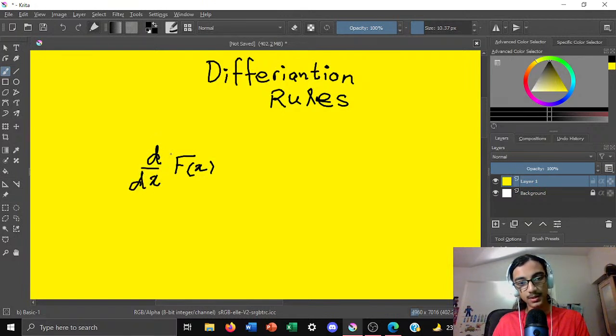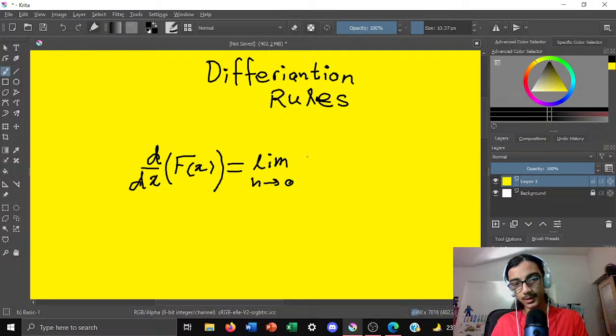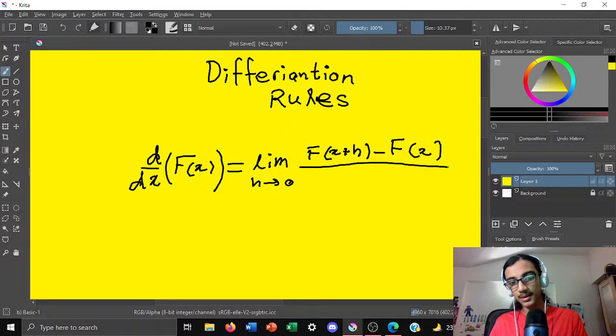So if I take the derivative of f of x, the definition of a derivative tells me this is going to be equal to the limit as h approaches 0 of f of x plus h, minus f of x, divided by h, right? This is the definition of a derivative.